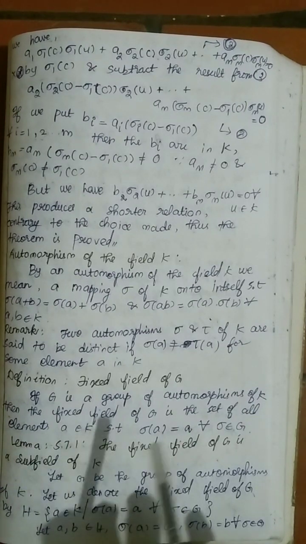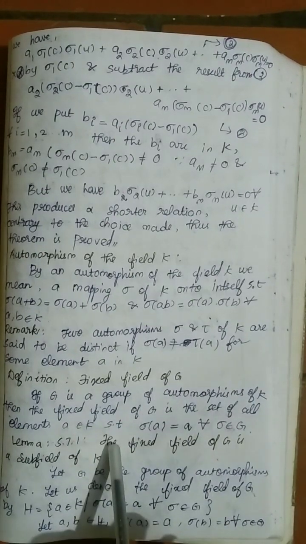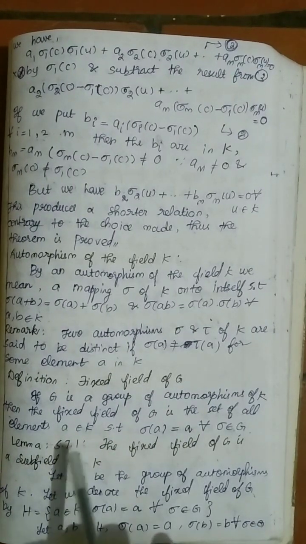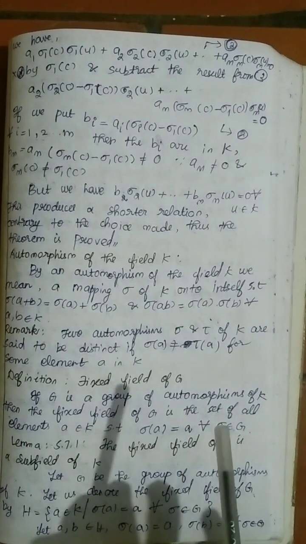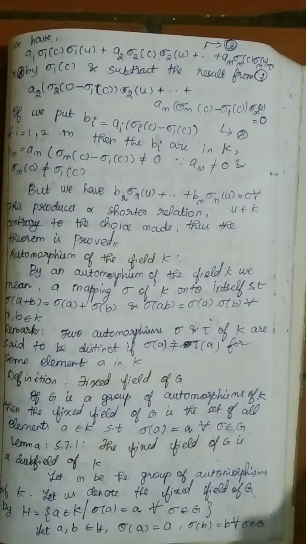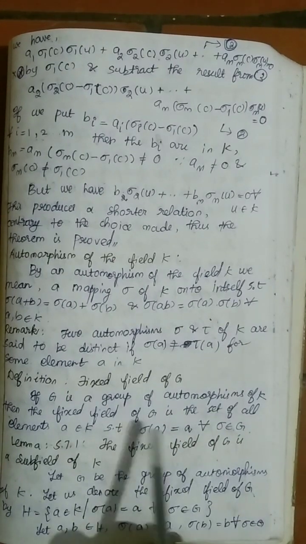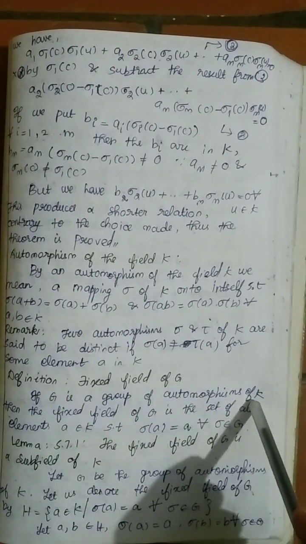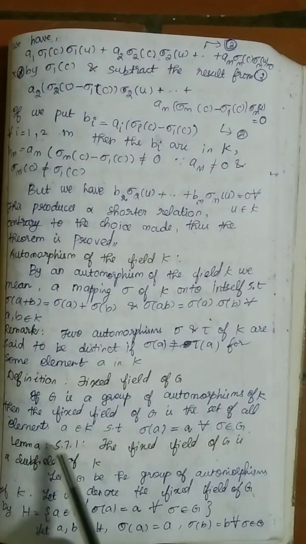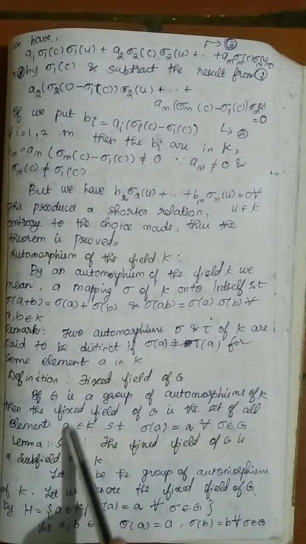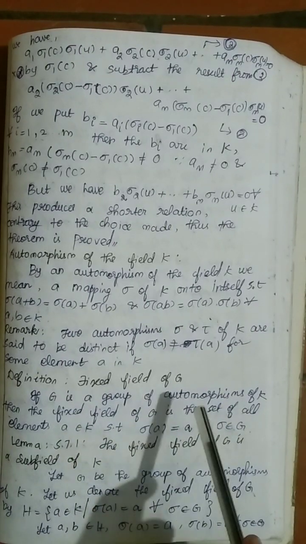If I take G equal to sigma 1, sigma 2, up to sigma n, the fixed field of G will contain A if sigma 1 of A equals A, sigma 2 of A equals A, and so on, up to sigma n of A equals A. That is, for all the automorphisms in G, if I put that element into it, I'll get the same element back. Those elements constitute the fixed field of G.